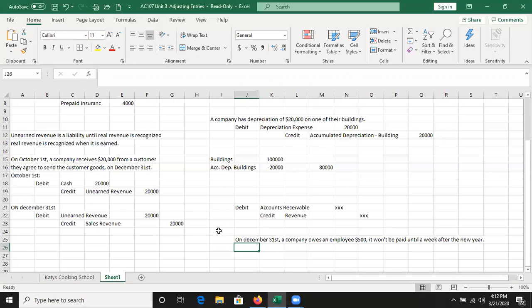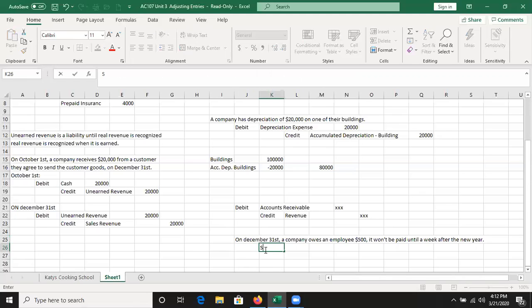So what GAAP, generally accepted accounting principles, says is that whenever you incur an expense, and paying your employees is an expense, you have to recognize it, even if you don't pay it. These employees worked for them and they've incurred $500 worth of expense. The year is over. They're going to make their financial statements, but they're not going to pay the employees for another week.